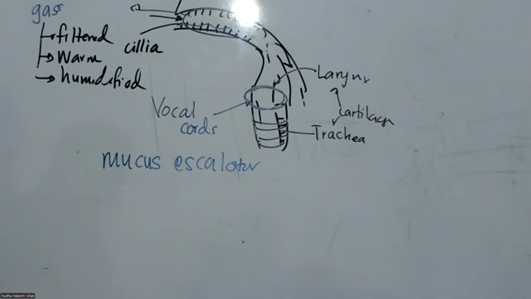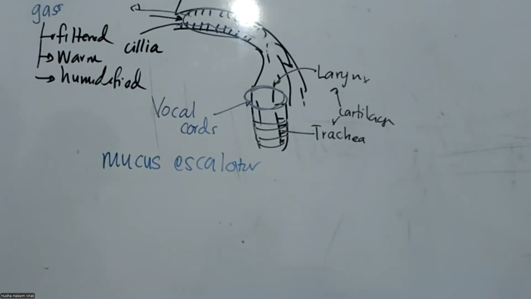Since the trachea has mucus and cilia, the mucus traps all these small dust particles and contaminants. After that, what happens? Whenever the mucus traps all these things, the cilia start to beat.